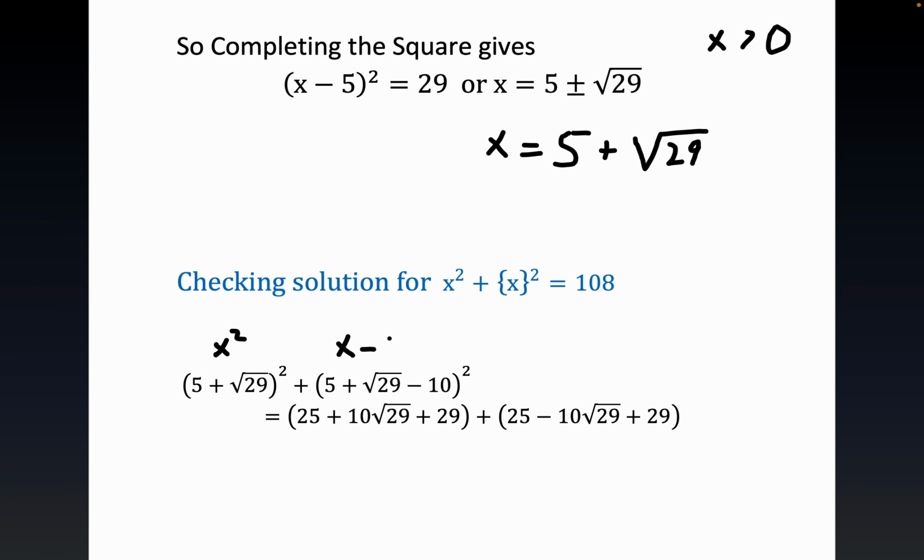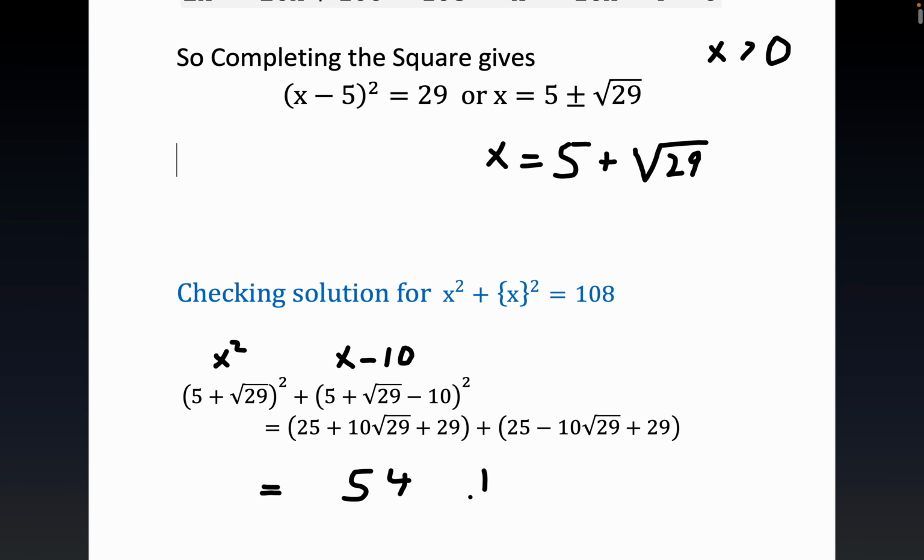So this is x minus 10 right here. And again, when you do all the arithmetic, you get this. And notice how the 10 root 29s do cancel. What we end up with here, folks, is 29 and 25, which is certainly 54. And again, the third portion of this cancels nicely, so we get plus 54 again over here.